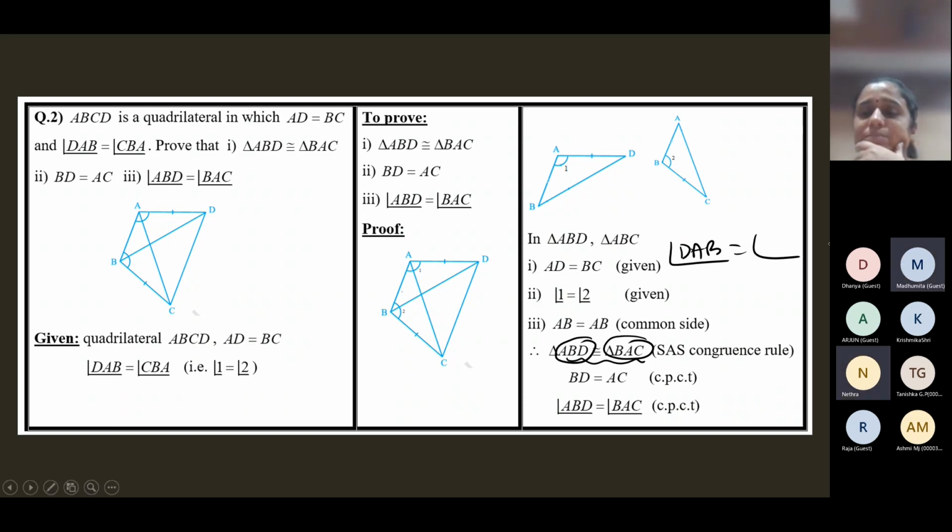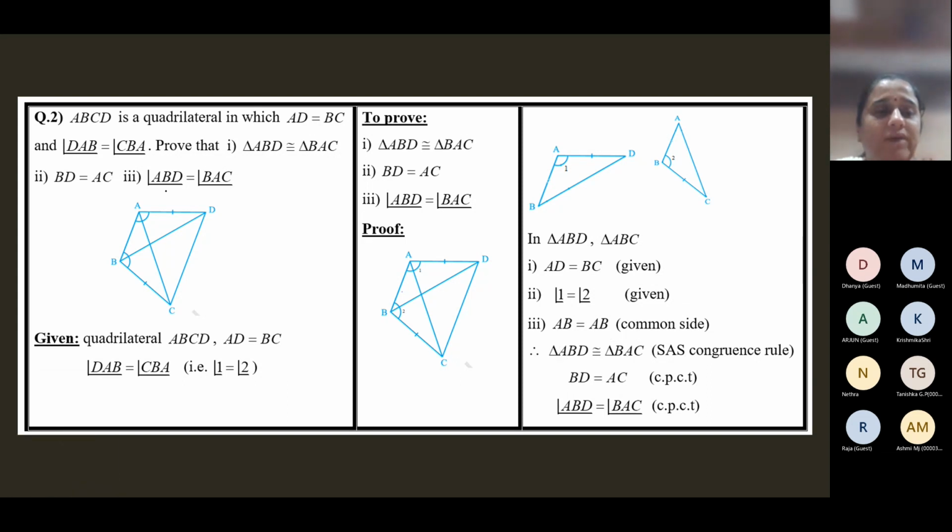CBA, ma'am. CBA, very good. Because in DAB, D is 3, A is 1, B is 2, so here also 3, 1, 2: CBA.